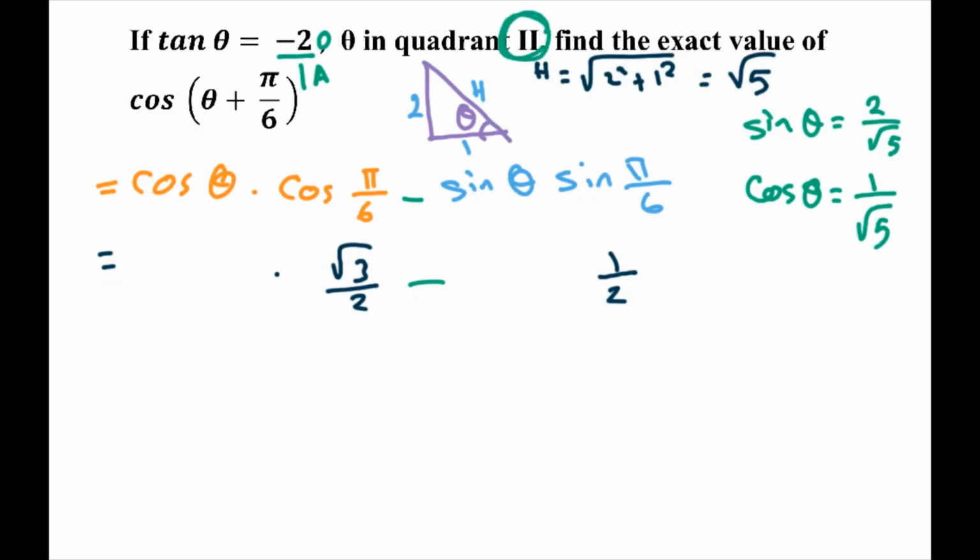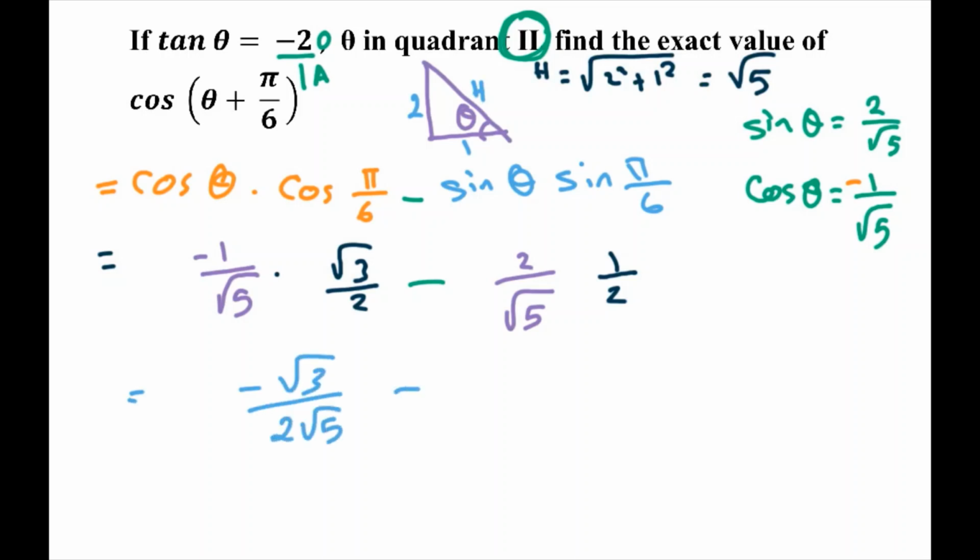Remember, we are talking about quadrant 2, and in quadrant 2, sine is positive, cosine is negative. So I'm going to go here and say this is going to be negative 1 over square root of 5, and here is 2 over square root of 5. Now it equals negative square root of 3 over 2 square root of 5 minus 2 over 2 square root of 5, which is equal to negative square root of 3 minus 2 over 2 square root of 5.